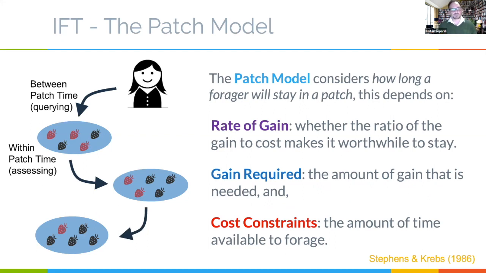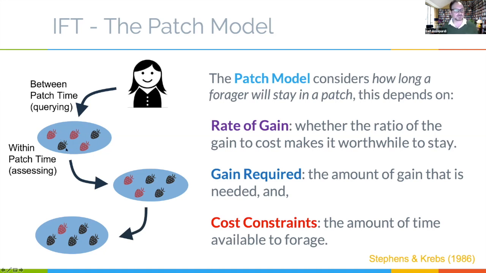To start with a high-level analogy, we can think about the patch model, which is based loosely around Marcia Bates's berry picker. The patch model tries to predict how long a user will spend picking berries. We have these lovely, juicy strawberries, and these not so good, not ripe blackberries here.